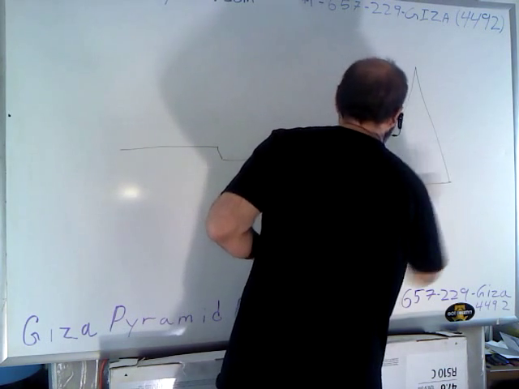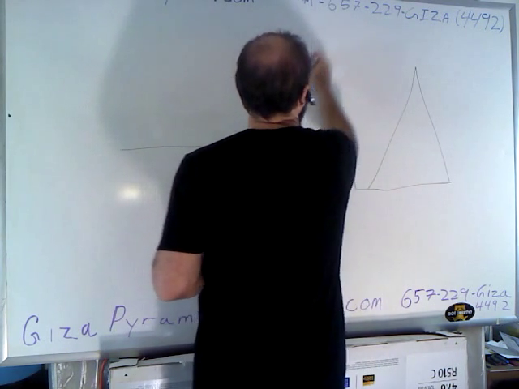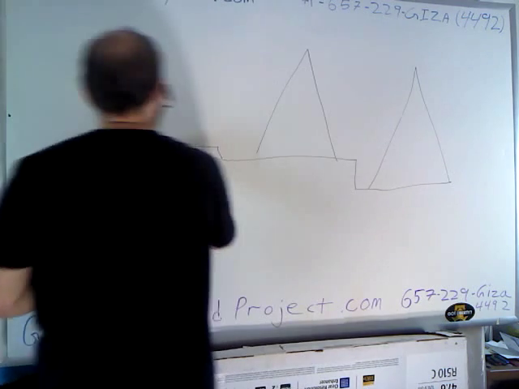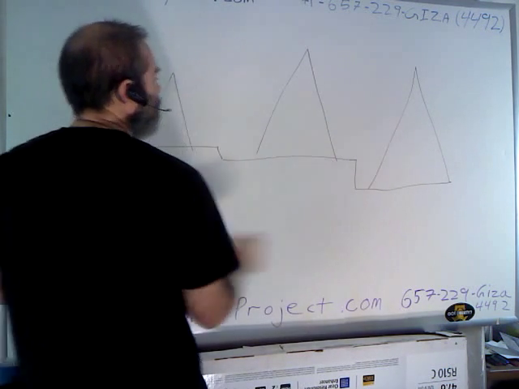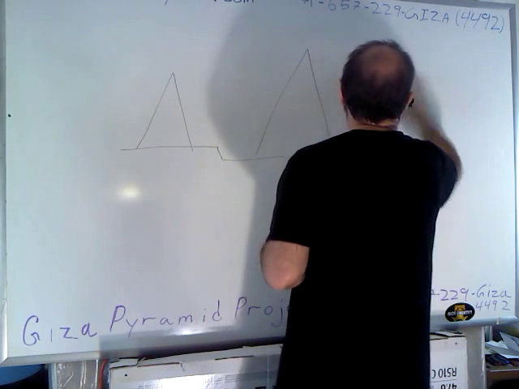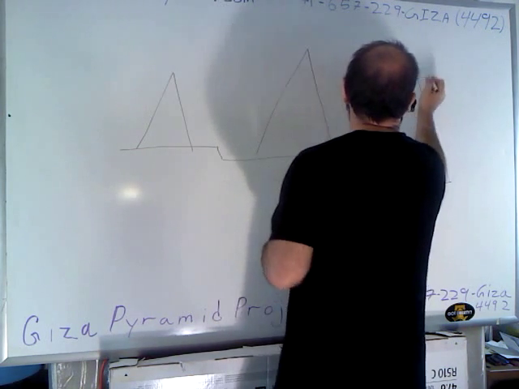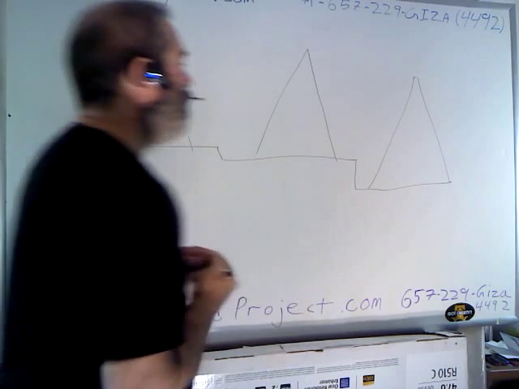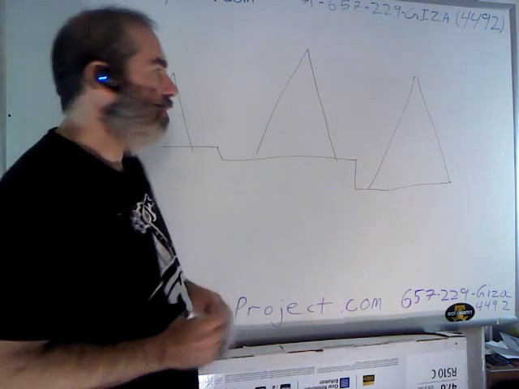This allows the Great Giza Pyramid to actually be physically larger, but yet not as tall, because it is at a lower elevation.